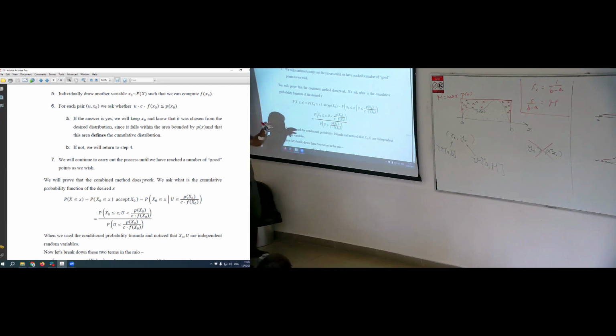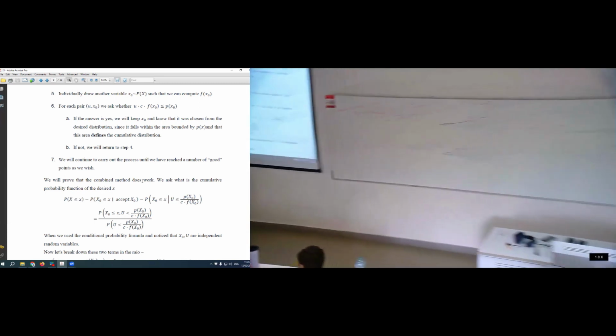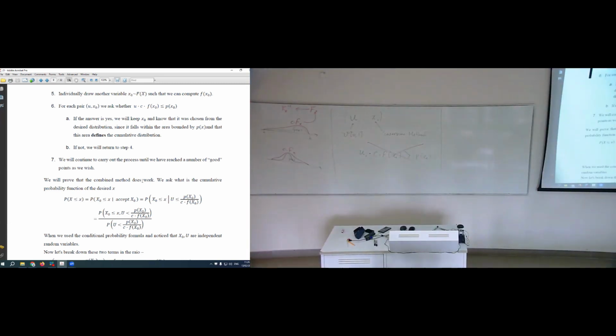So I will be left with the X's that I accepted. What's the probability of the X that I accepted to be smaller than x? It's the probability of the x that I got from producing the pair x and u to be smaller than x, given that I accept it.